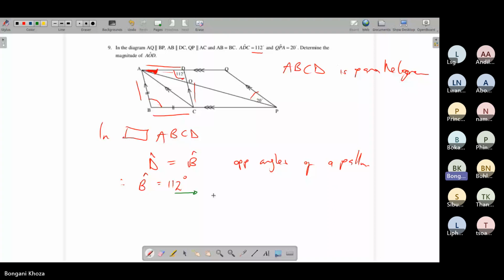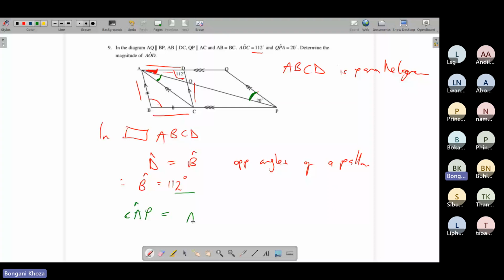Right, moving on. Then we can say angle CAP, this angle over here, is the same as that angle over there, it's equal to APQ.